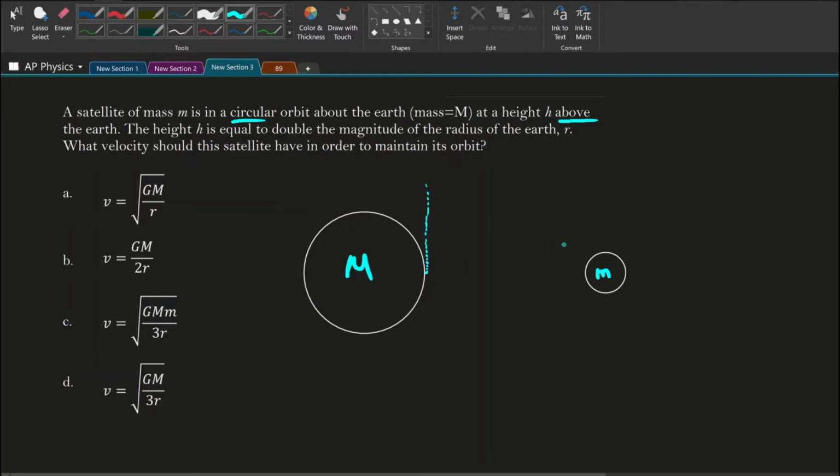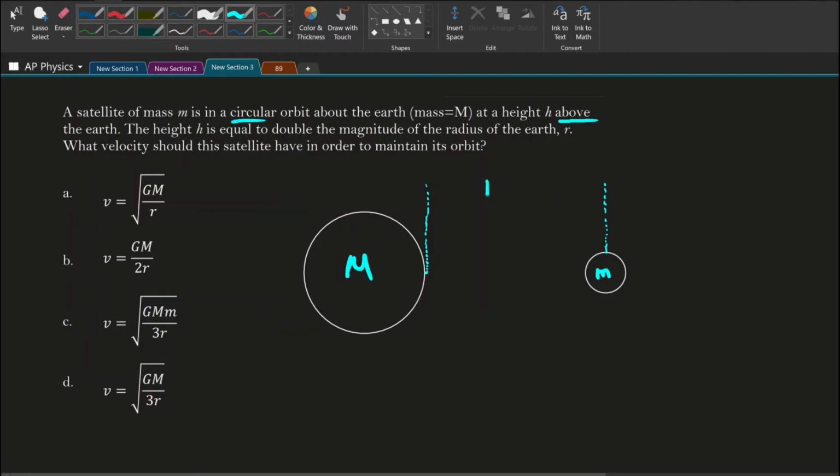And then the question becomes, do we draw it to the center of the satellite? Do we draw it to the edge of the satellite? Honestly, it doesn't really matter because the size of the satellite relative to the Earth is negligible. But I'll just draw it to the center of the satellite for right now.